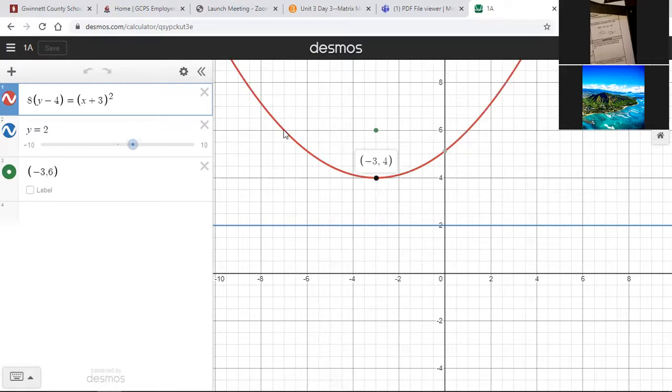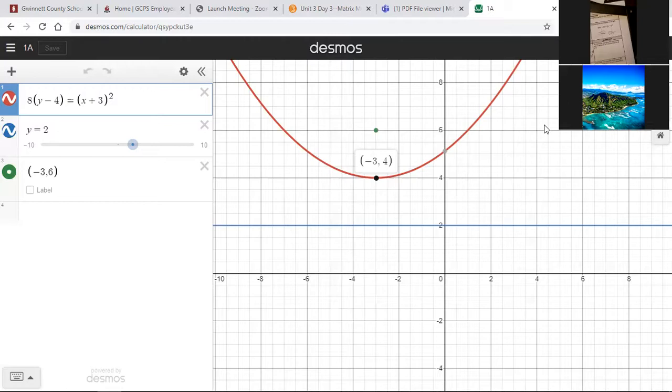This point right here is 2 big boxes or 4 units from the directrix, and it is the same distance. Here's a half, here's a whole one, and then here's another half. So 4 units to the focus as well. So if our directrix is placed at y equals 2 and our focus is placed up here, based on everything else, that all works out. So it looks like that answer is the correct answer.